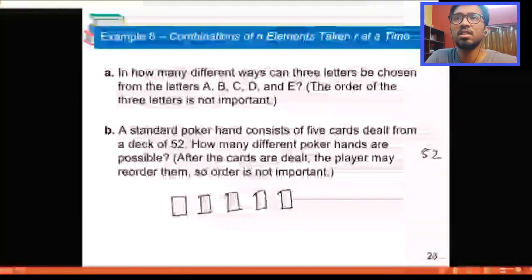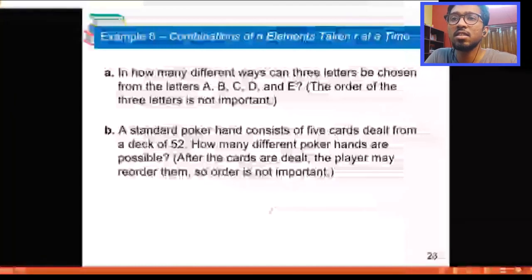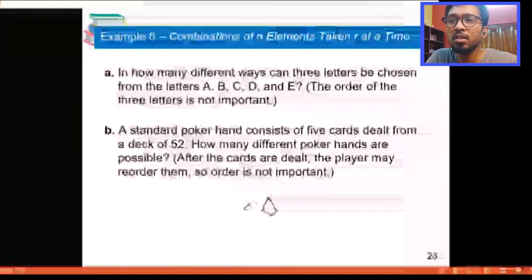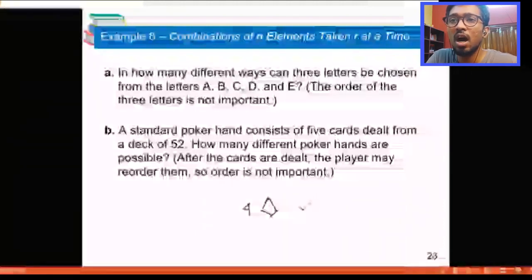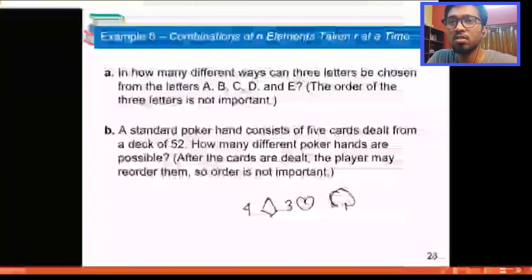Suppose you are selecting 3 cards. Suppose you have the 4 of diamonds, the 3 of hearts, and the king of spades.